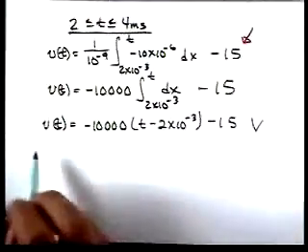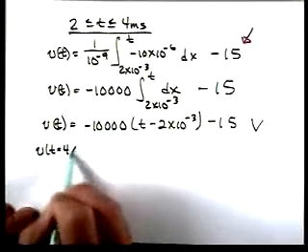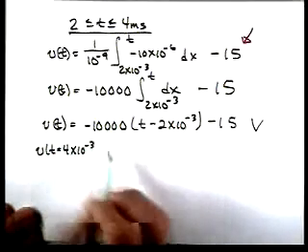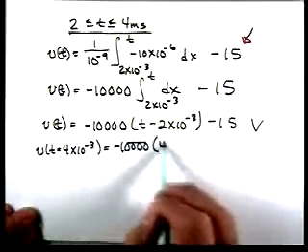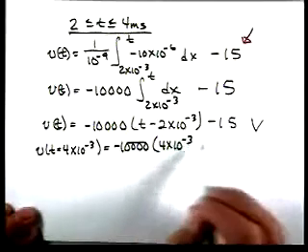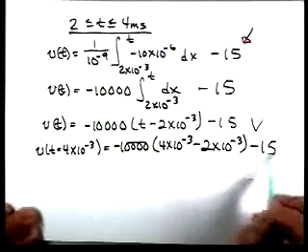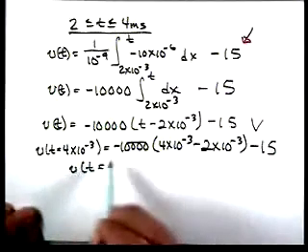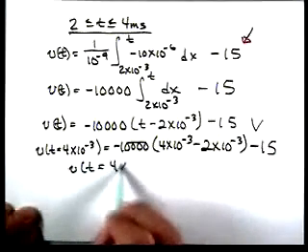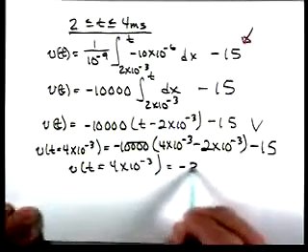So if we plug in, this gives us V of t at 4 milliseconds is minus 35 volts.